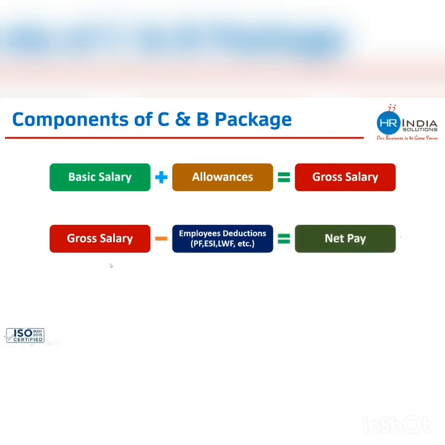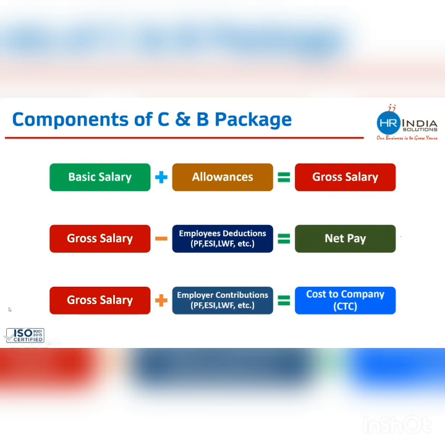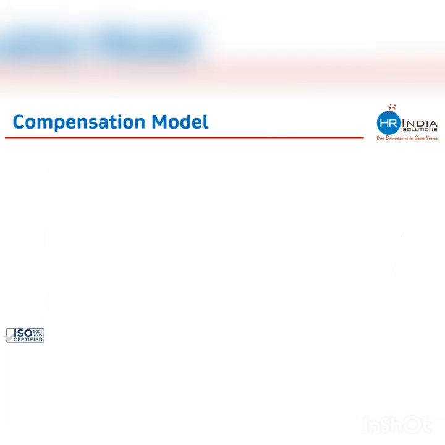From the total monthly earning of the employee, when we deduct all the employee's deductions, whether it is statutory or any other, we will get the net pay, in-hand salary, take-home salary of the employee. Third formula is gross salary plus employer's contributions. We get the cost to the company, right? From the employee's total monthly earning plus the employer's contribution on behalf of that employee in statutory areas or any other benefits, we get the total cost to the company for that employee, right? These are the formulas which we are going to apply at the time of calculation of CTC, as well as in the coming slides.